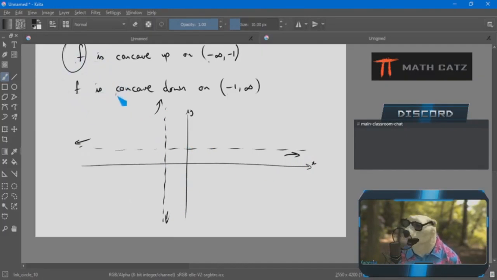The information I got now totally fits with this, because I'm going to have to bend up to the left. Of course, I have to update these arrows. I didn't know how they fit. I have to bend up on the left side of -1, and I have to bend down on the right side of -1. So everything agrees with the information I would have gotten up to that point.